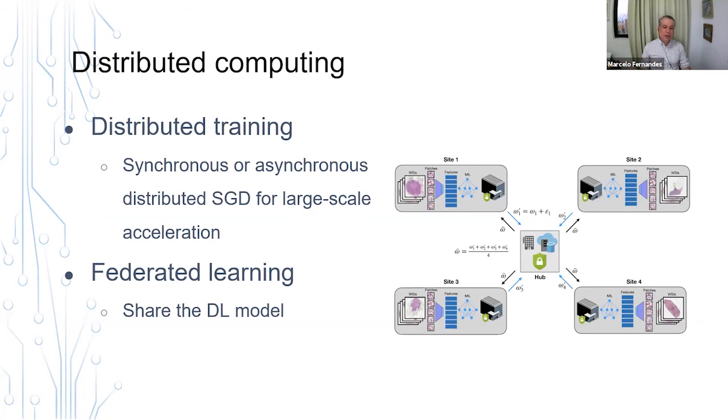Or you can use federated learning and share the deep learning consensus model with all the nodes. Federated learning is a distributed strategy to accelerate training.